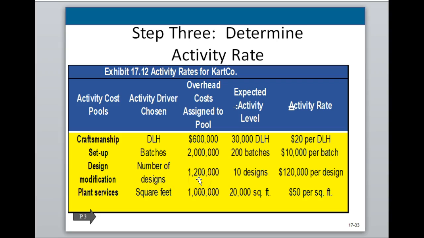Design was 1.2 million at 10 designs, so each design would be $120,000. You're looking at 1 million divided by 20,000 square feet, so it's $50 per square foot. Again, you can see this is a little more complex.